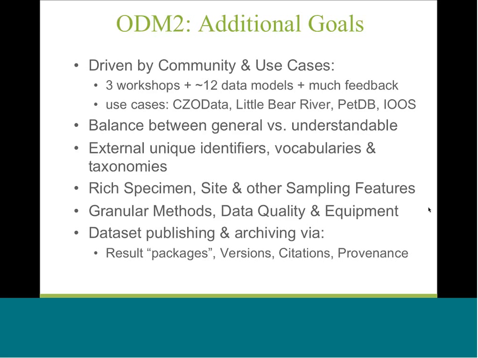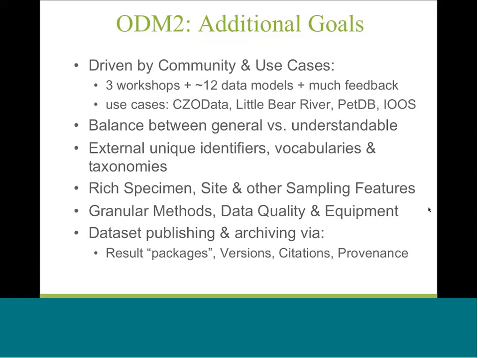We also, given the trends that Kirsten Leonard described last week, want to support very well data set publishing and archiving capabilities. So we want to take results and package them up into data sets. We want to have the capabilities to version those data sets so we can take a snapshot that can be used and called up in the future to enable reproducible science.